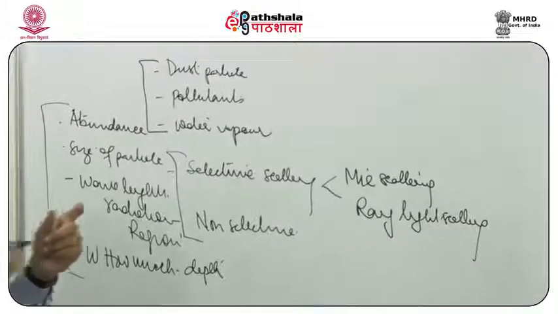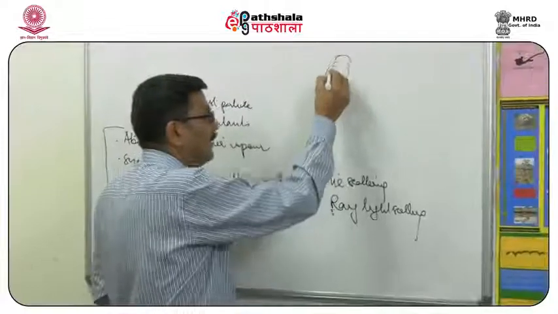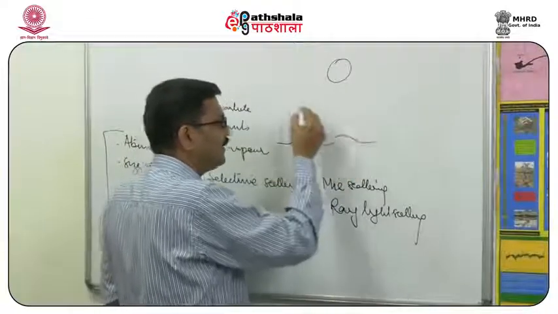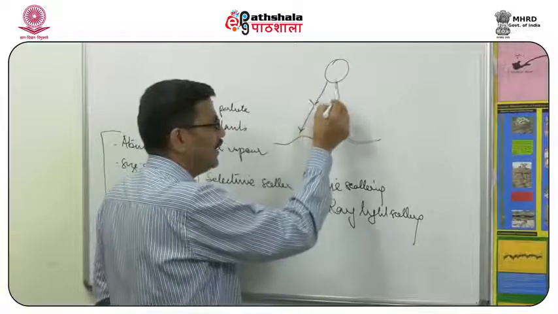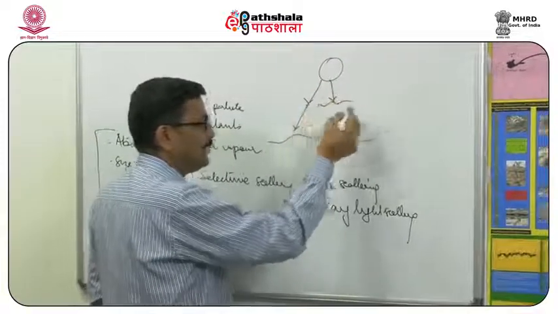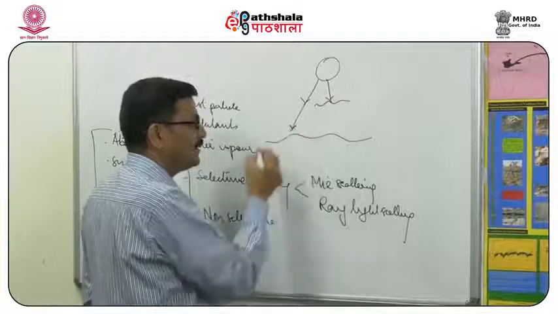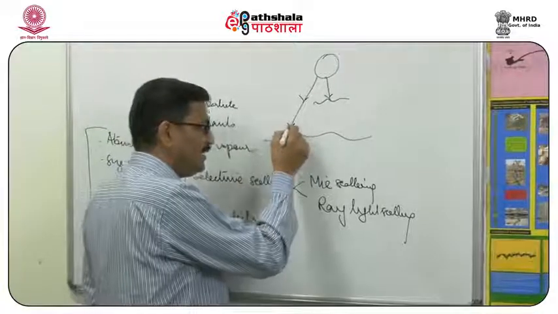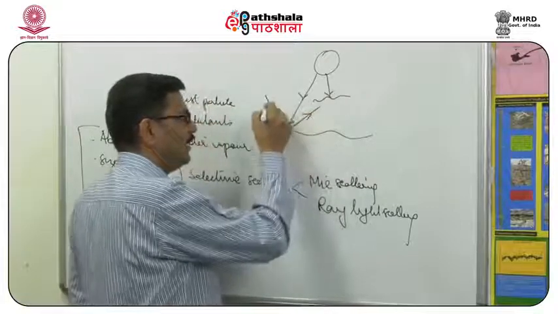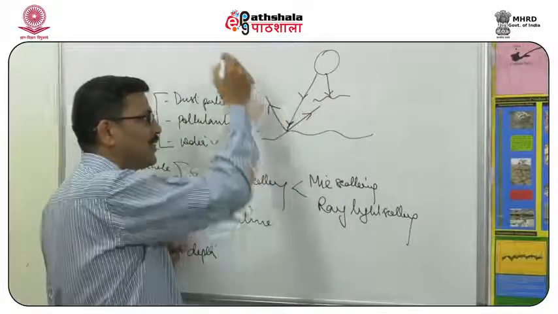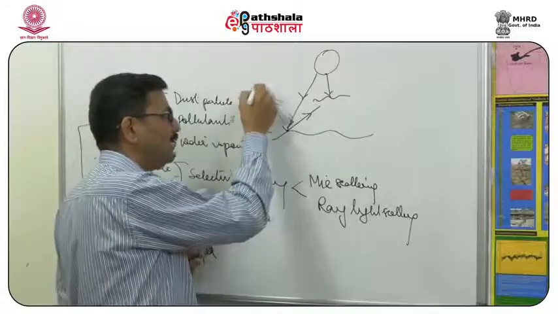Now, the sun's energy, after interacting with the atmosphere, reaches the earth's surface. After reaching the earth's surface, it reflects back towards the sensor, again back through the atmosphere.